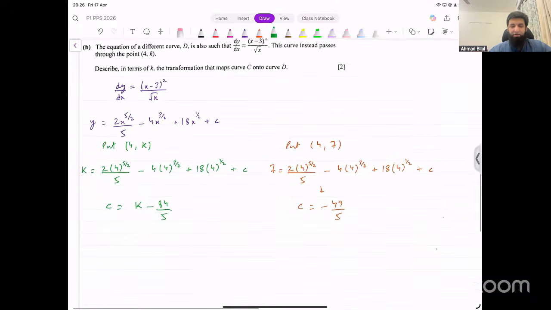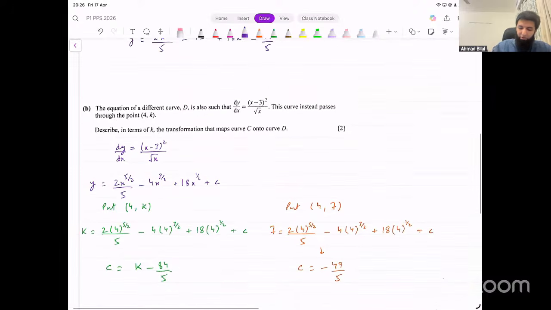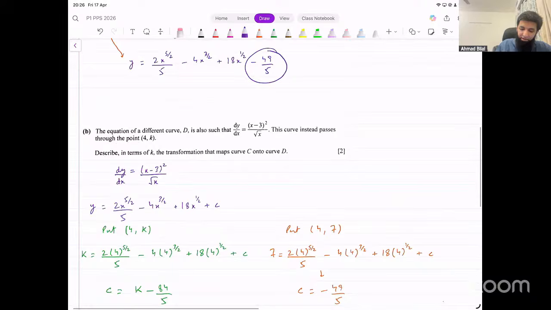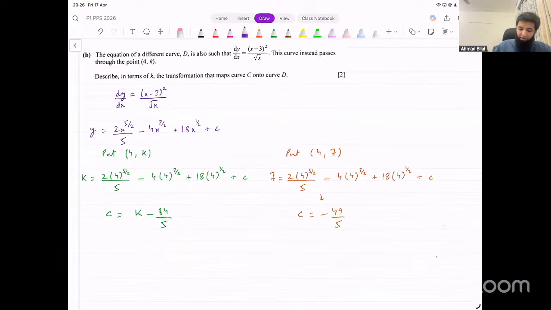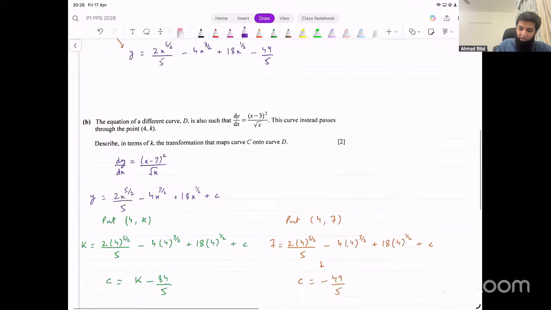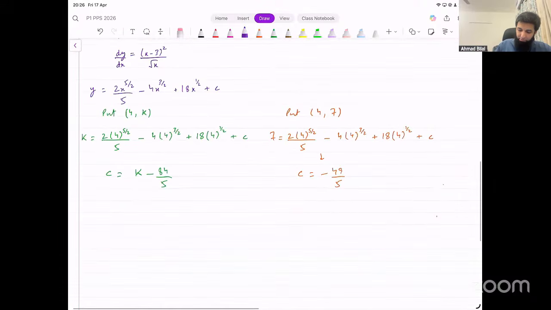Okay, this is how it is changing. So the constant term earlier was negative 49 over 5. Now that constant term is this. What's the difference between them? That will be this number that we had there, 7.